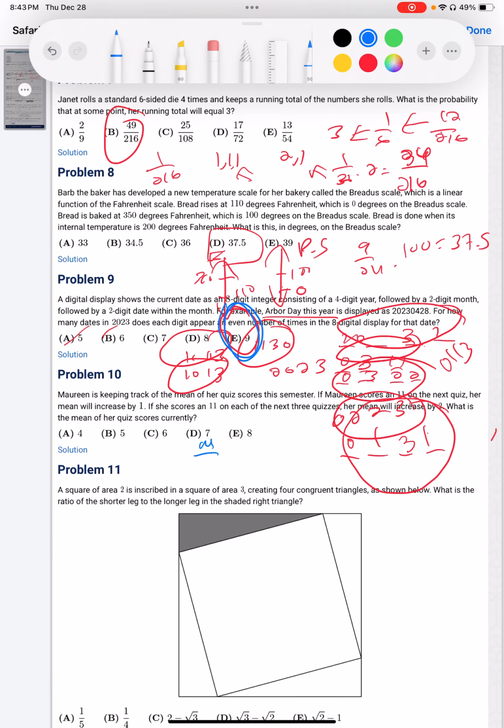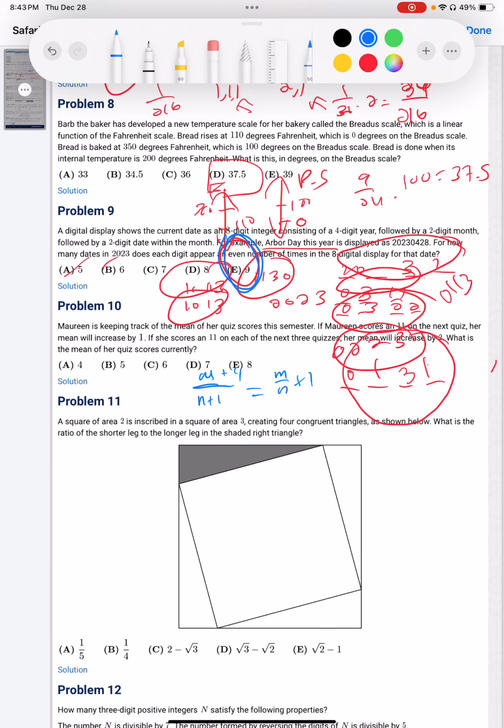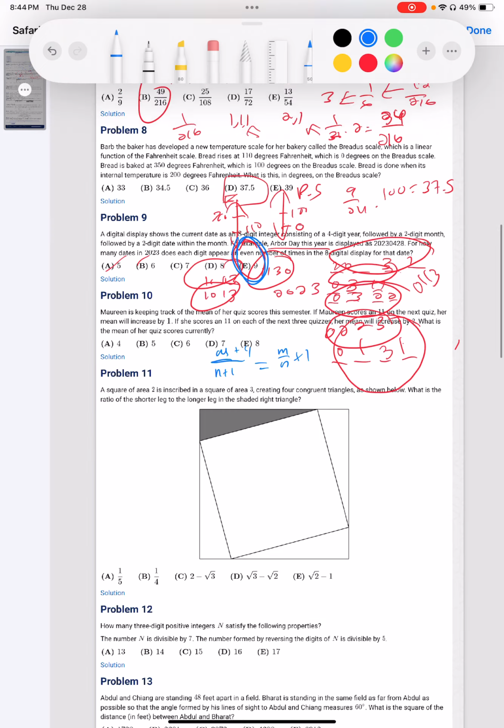Let's call it M over N, and she would increase by 1. Wait, what? I meant M over N plus 1, and then okay.